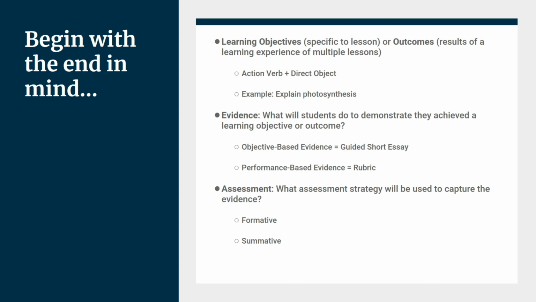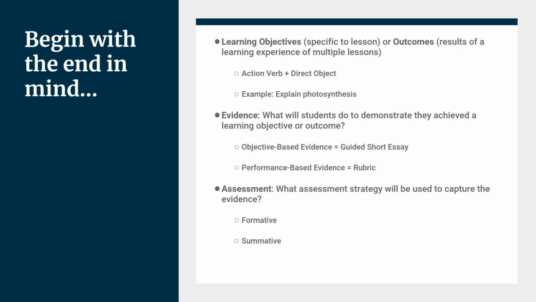Then the second step is to think about what the evidence would look like to be able to know if they accomplished the learning objective. This is done by looking at two types of evidence. As an educator, you'll likely be familiar with objective-based evidence, and these are typically multiple choice or maybe a guided short essay that are used to help students see that this is the correct answer.